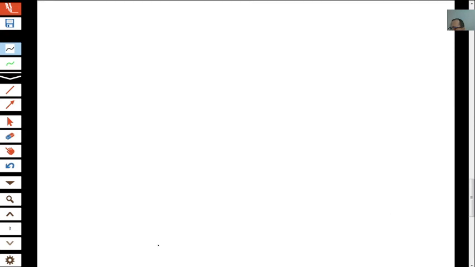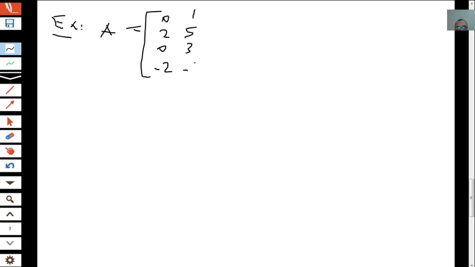And do we have another example? The matrix A is given in this form: 0, 2, 0, minus 2, 1, 5, 3, minus 5, 2, minus 7, 6, 4, minus 1, 3, 2, minus 2.